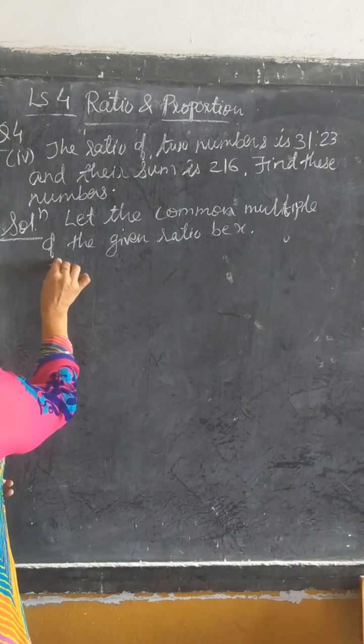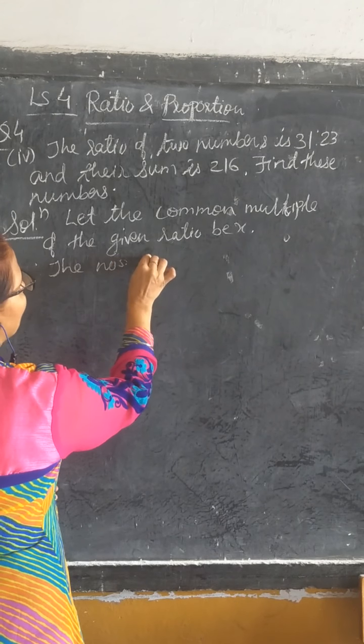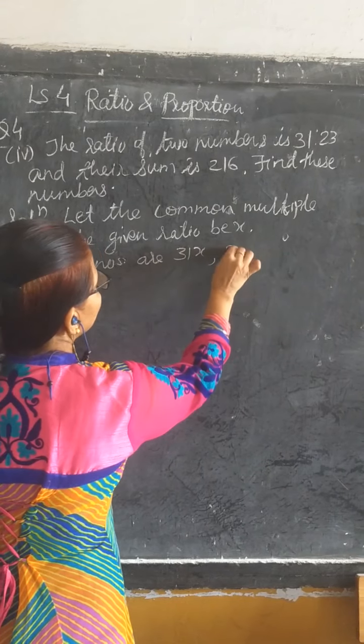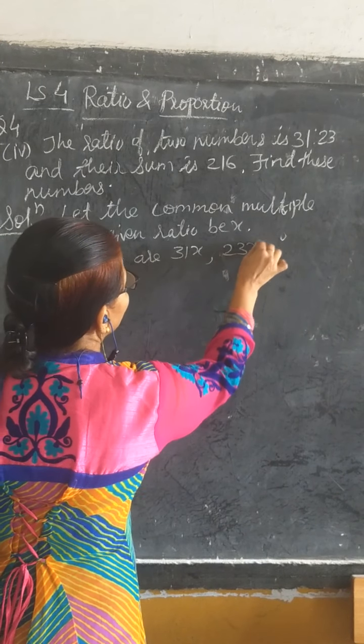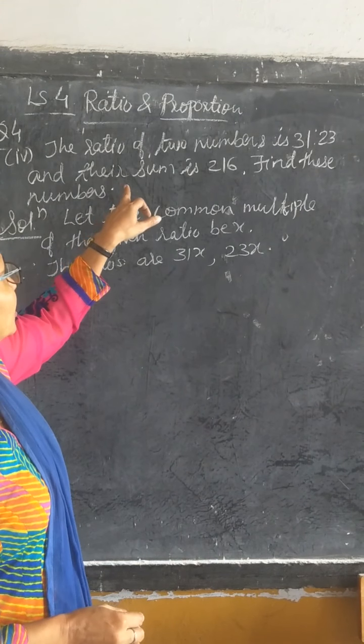So the numbers will be, therefore, the numbers are 31x and 23x. Okay. Now according to the question, what is the condition given?